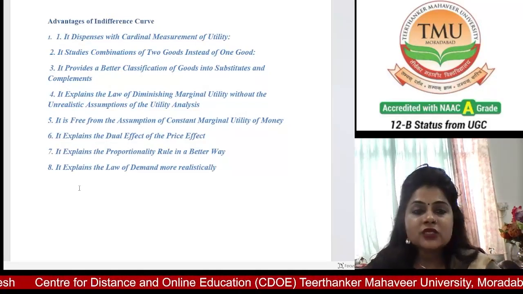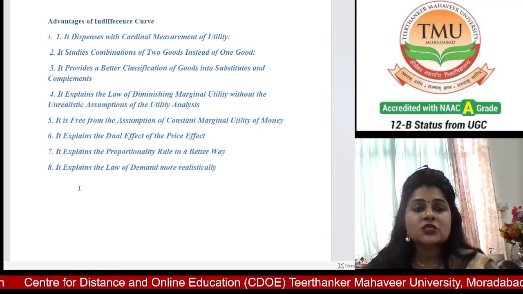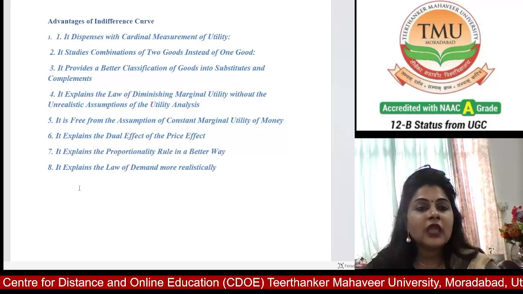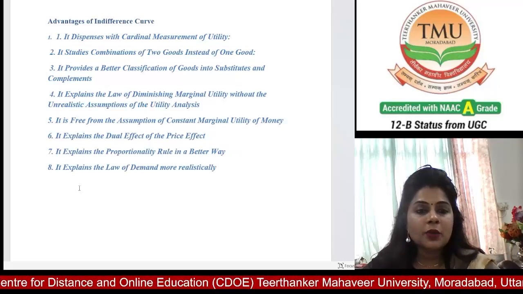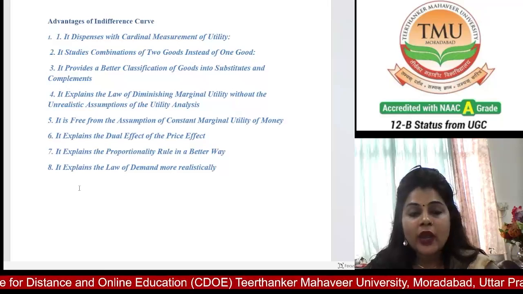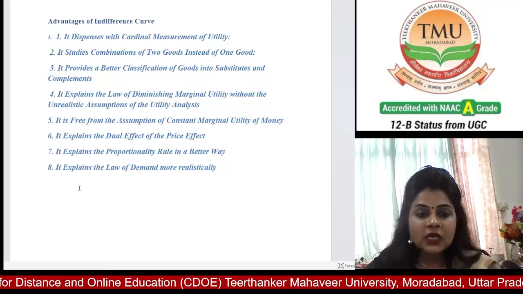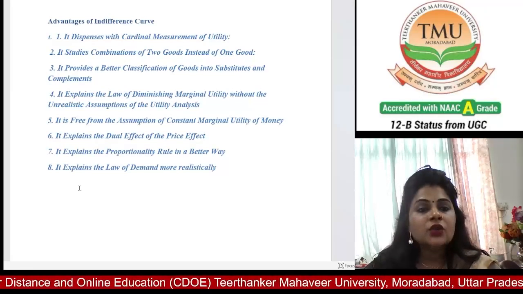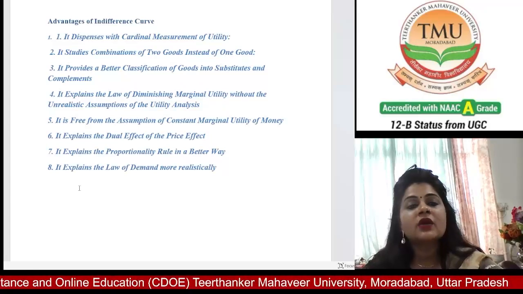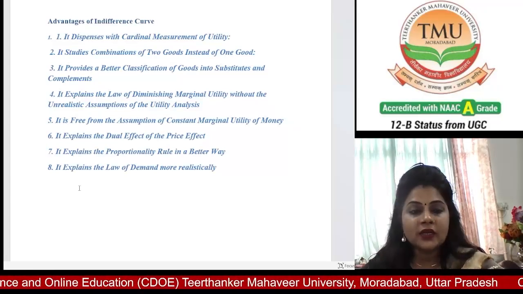It means the indifference curve technique explains consumer equilibrium in a similar but better way than Marshall's proportionality rule. The consumer is in equilibrium at a point where his budget line is tangent to the indifference curve. At this point, the slope of the indifference curve equals the slope of the budget line.